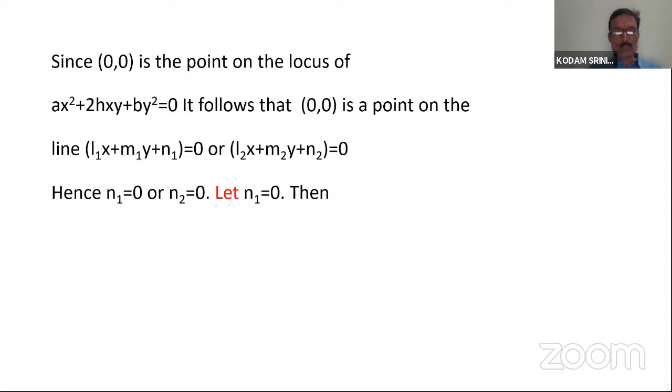If the origin lies on the second line, N2 may be equal to 0.